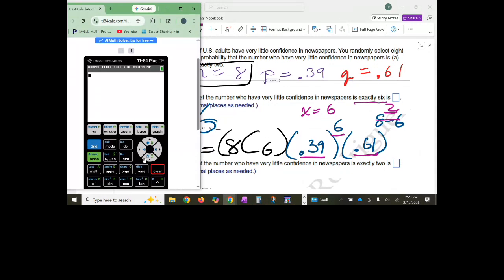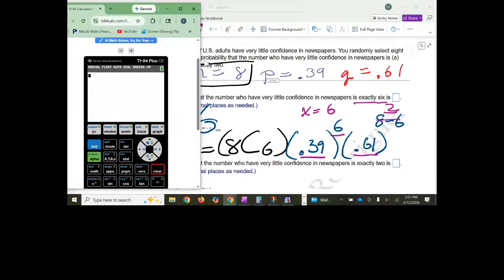For this problem, I can use this one. It'll work. But in a minute, I'm going to show you a feature on this calculator that I can do on this one that I can't do on that one. I want you to get comfortable with this because at some point, I think this is the way to go. You can download one of those apps, but I think this is the way to go.